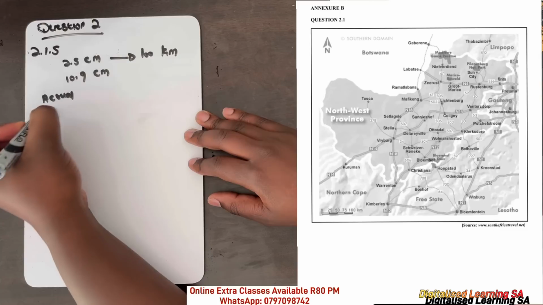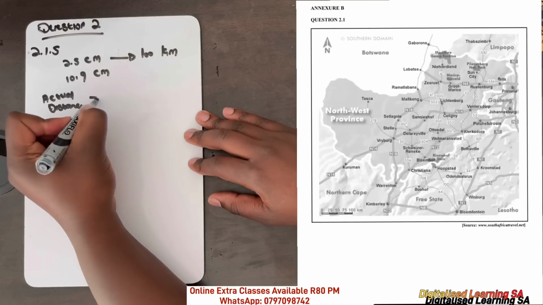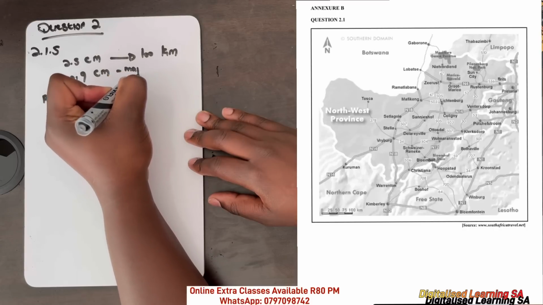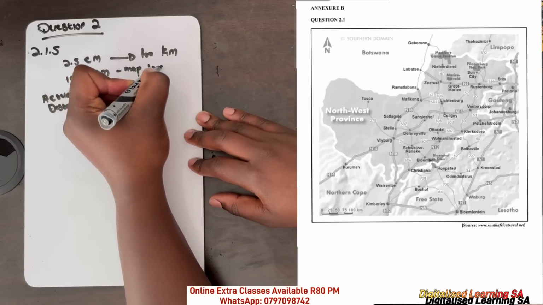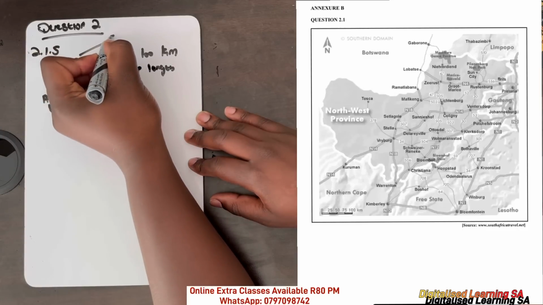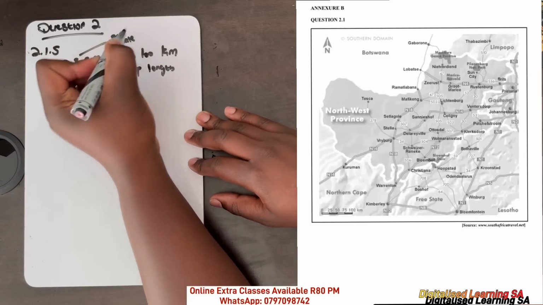Actual distance, which will be, so this is the map length, and this is the bar scale length.